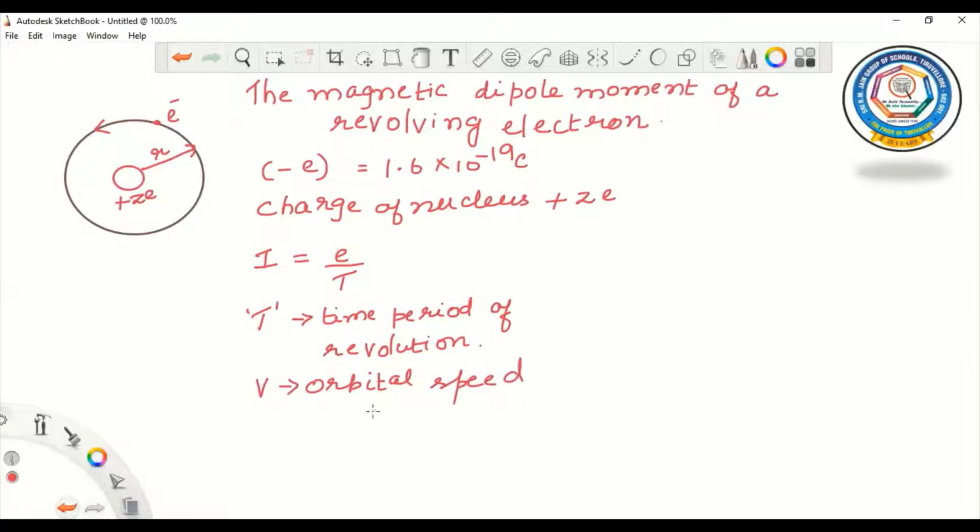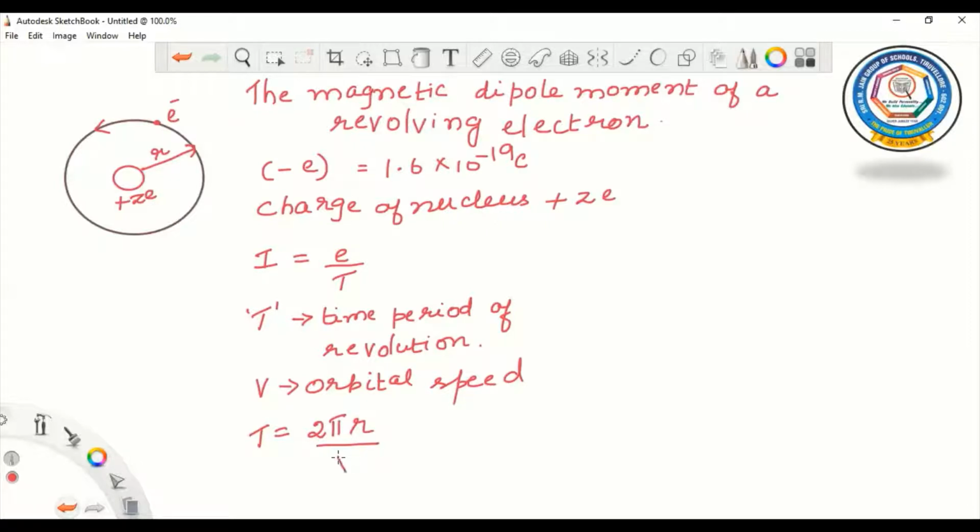How can you calculate the time period? Normally velocity is equal to distance by time. Here the distance is taken as 2 pi r, so the time period T is equal to 2 pi r divided by v.